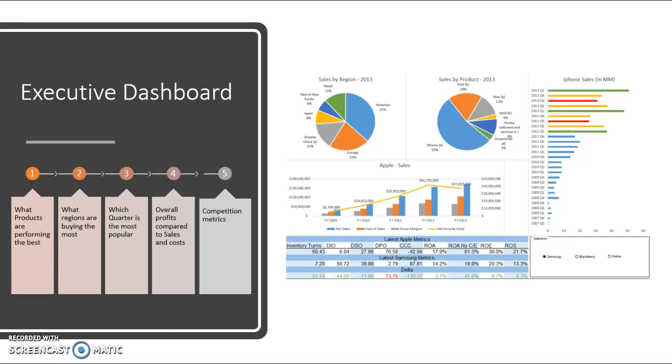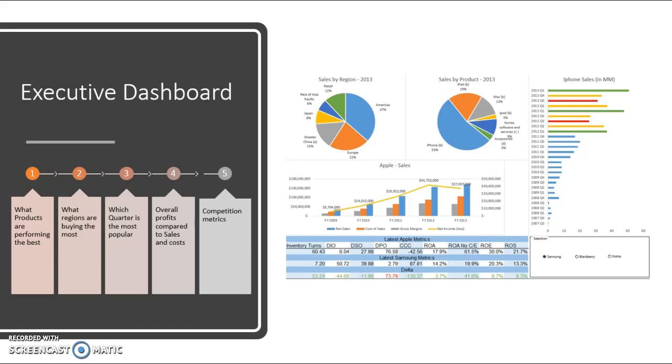And then finally at the bottom, I have the key latest metrics that show your inventory turns, your DIO, your DSO, DPO, CCC, ROA, ROA with no cash or equivalents, ROE, and ROS. And it compares it to the competitors' metrics.